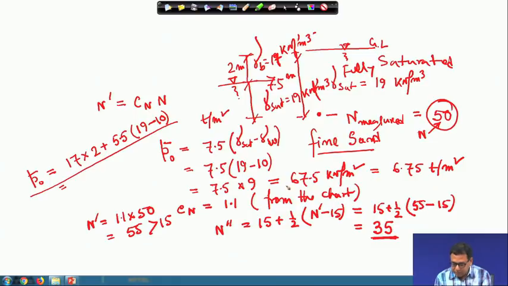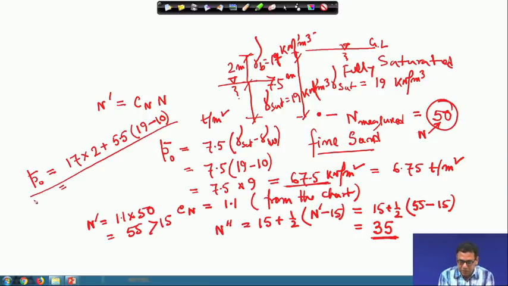This is coming out to be 67.5 kilonewton per meter square, if the total 7.5 meter is fully saturated. Now, if the water table is 2 meter below the ground level, then the first 2 meter is not fully saturated, and the bulk unit weight is 17 kilonewton per meter cube, and the saturated unit weight is 19 kilonewton per meter cube.